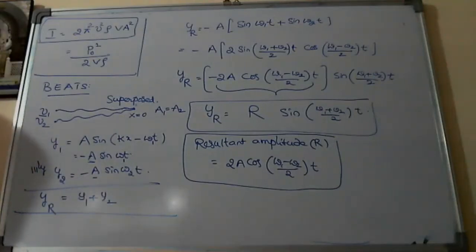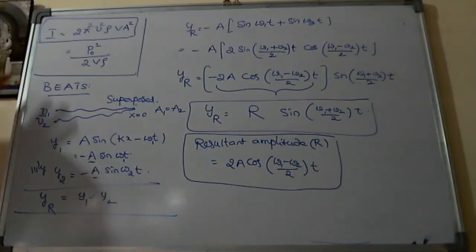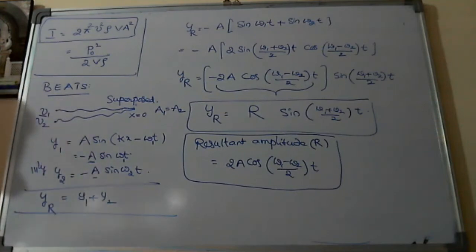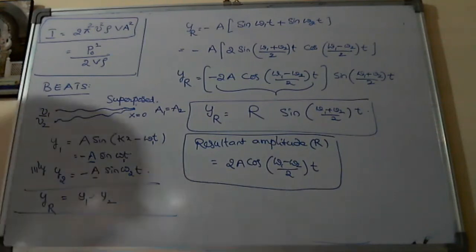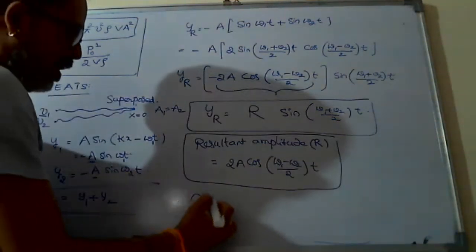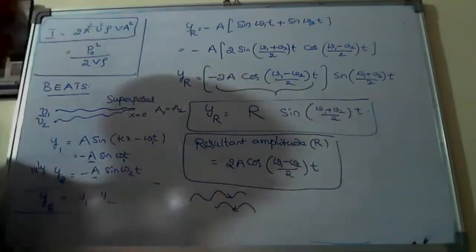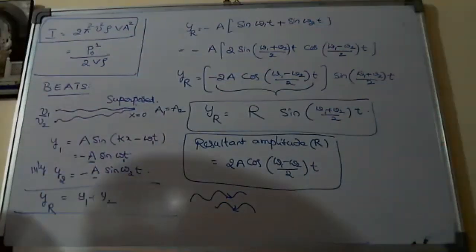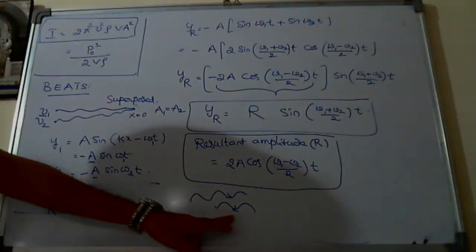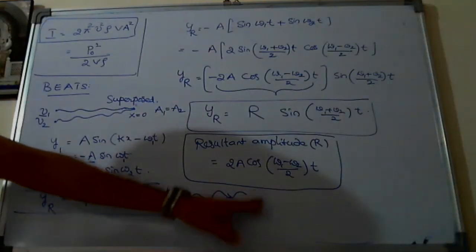So the major difference between the formation of stationary waves and the formation of beats: the fundamental difference is that in stationary waves, the two waves are traveling in opposite directions while combining with each other, whether the second wave is reflected from a rigid boundary or a free boundary.